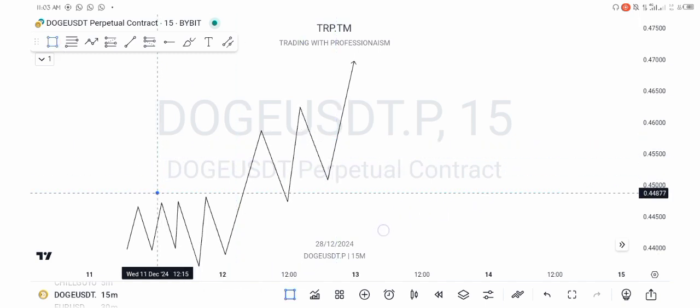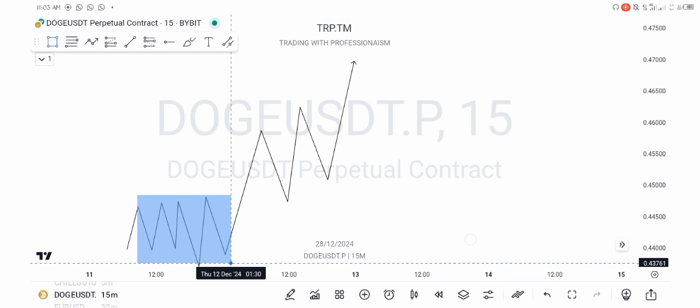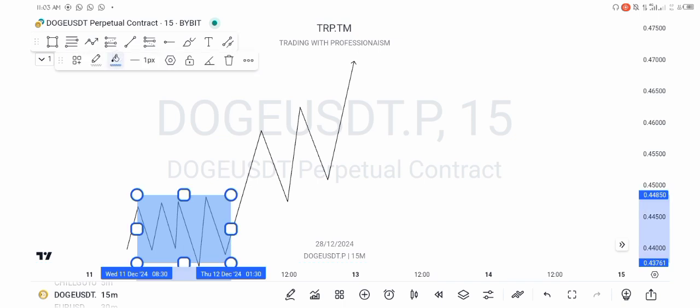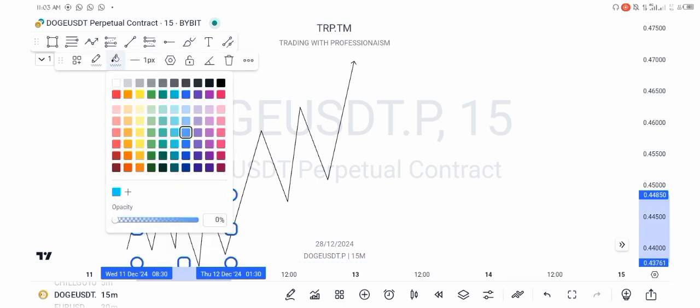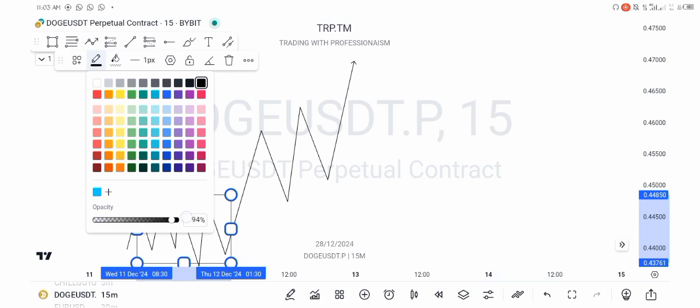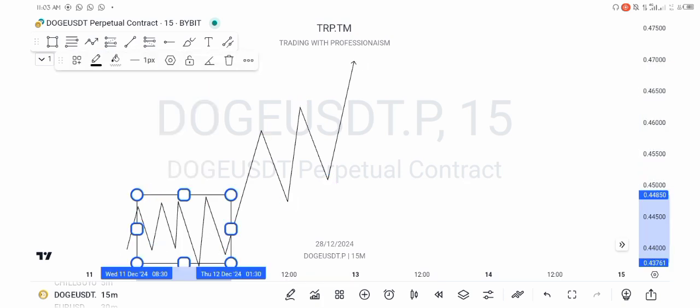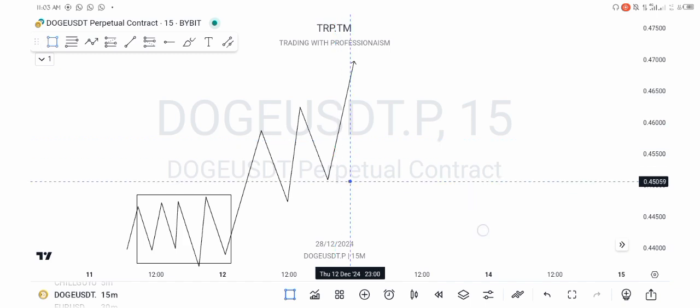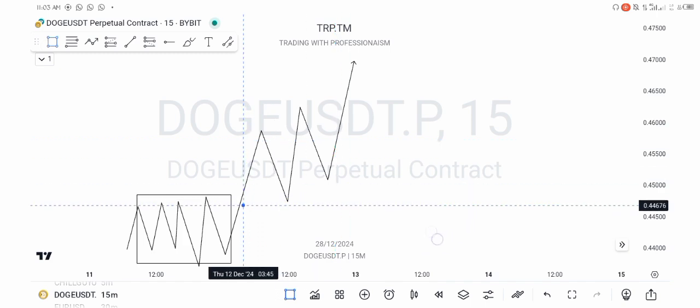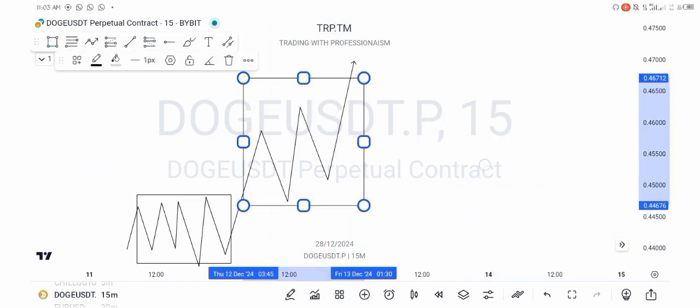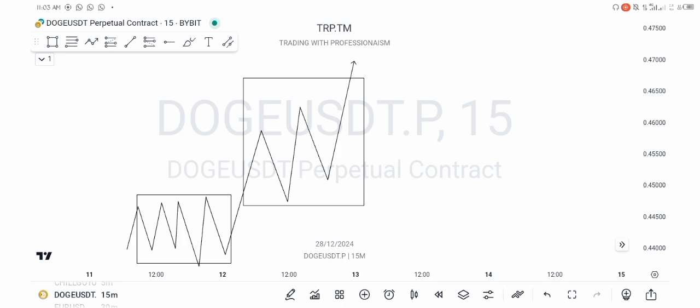Now that's the upward trend. This is your accumulation. The accumulation is the volatile break to the upside.